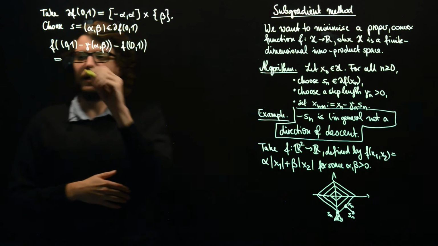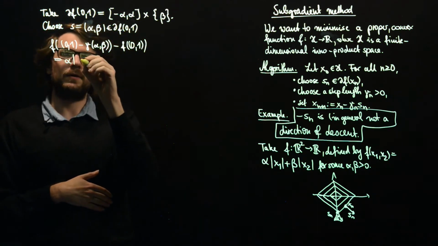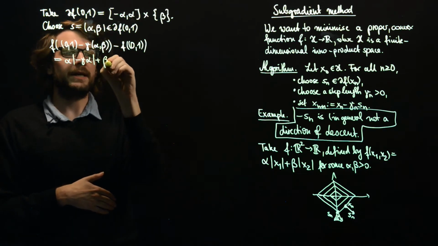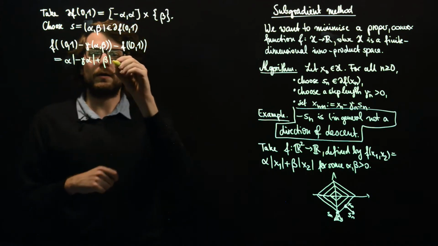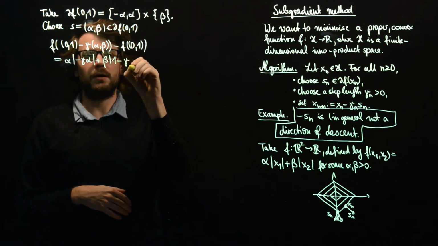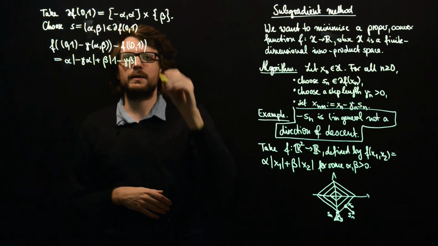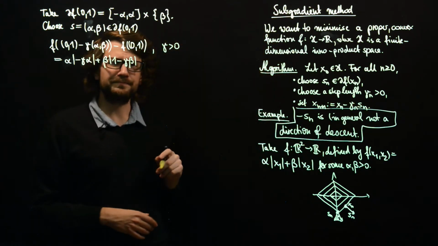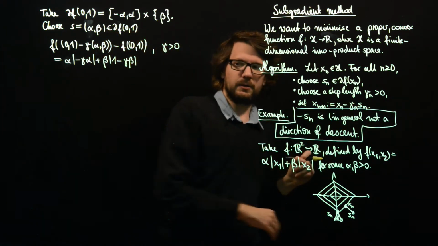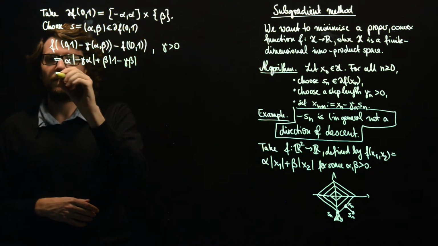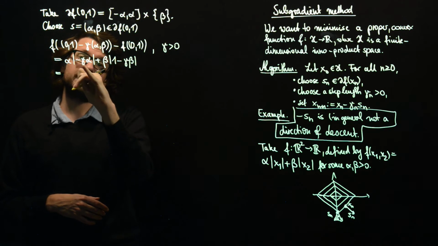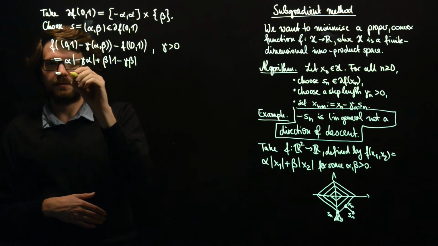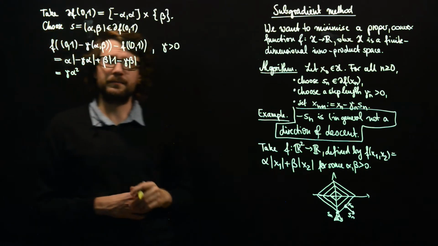So you have alpha times the absolute value of 0 minus gamma alpha, plus beta times the absolute value of 1 minus gamma beta. And of course, you want gamma to be a positive step size or step length. Alpha and beta are also positive. So you have the absolute value of minus gamma alpha. Since all of these are positive, only the minus remains, so the absolute value is just gamma alpha, squared.